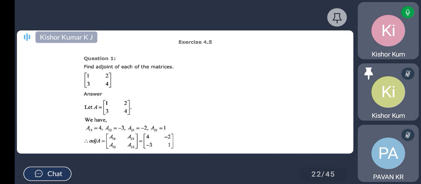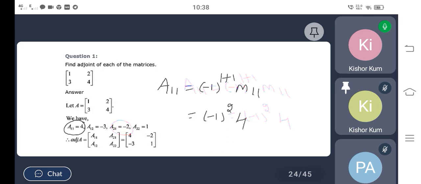Find the adjoint of each of the matrices. Here you have a theory examination, but in the theory exam this is for 1 mark, because from this exercise problem they should give only the adjoint. So first, here we have A11, the cofactor of the first element. After this you have to move to the cofactor of the second element, that is A12.